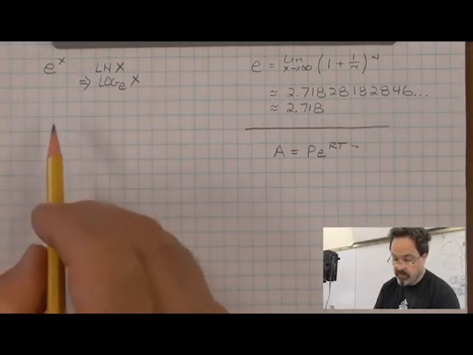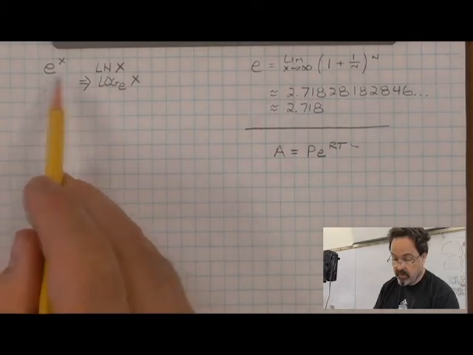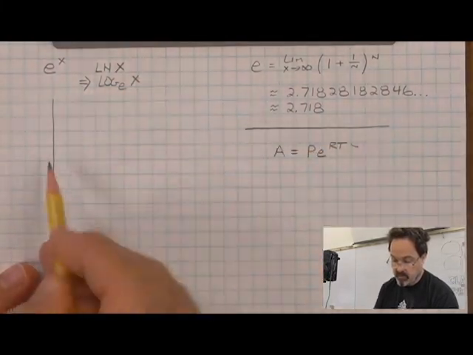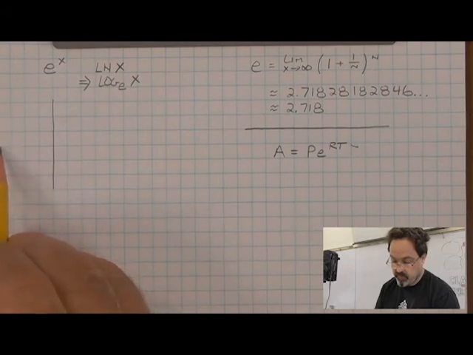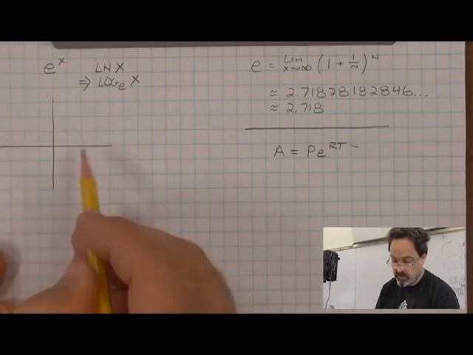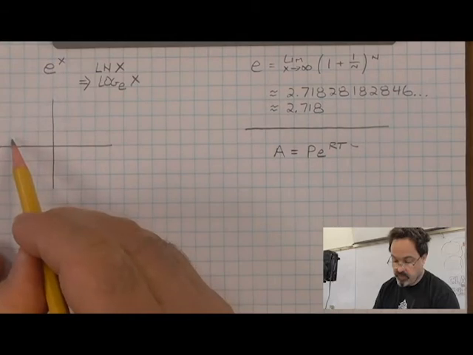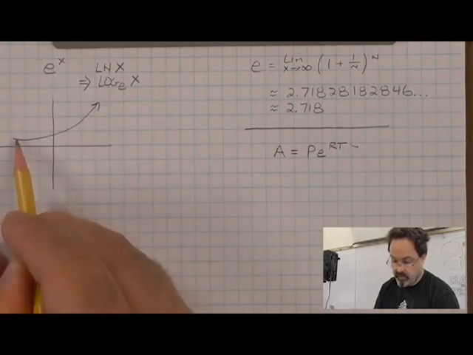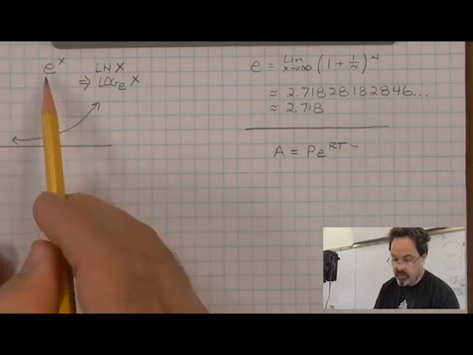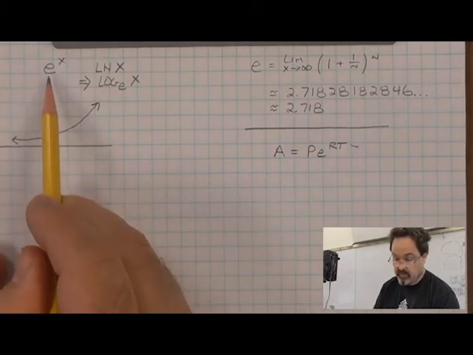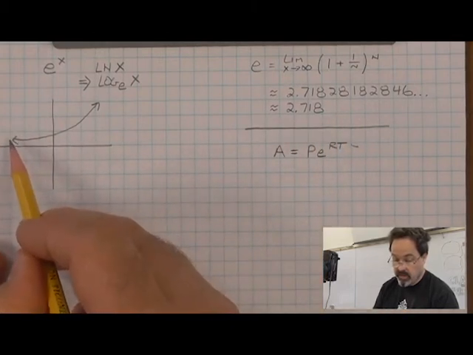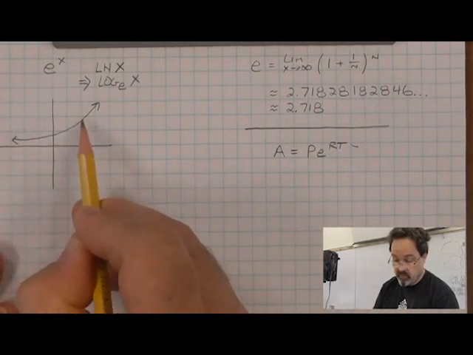I'll remind you that these have a parent function form, and the graphs of those I'm going to sketch as a review here quickly. An exponential function has this essential nature. If it is growing, that means the base is greater than 1, and e is greater than 1. It's approximately 2.718. So its graph is going to be like this.